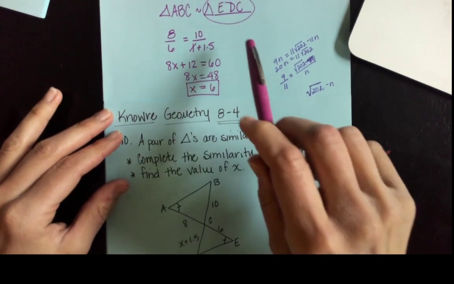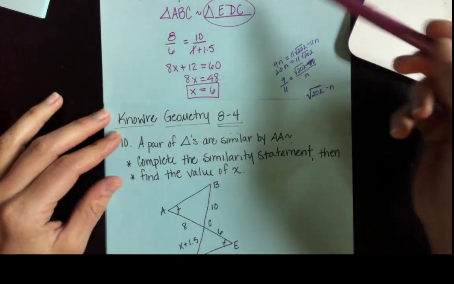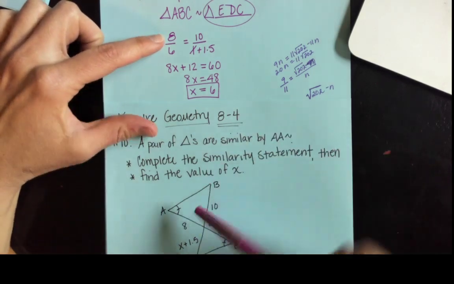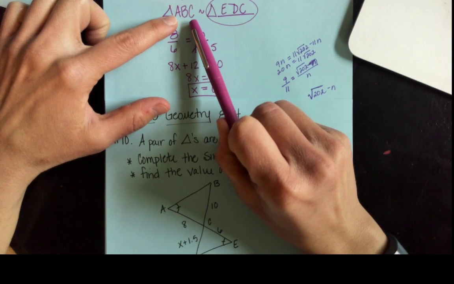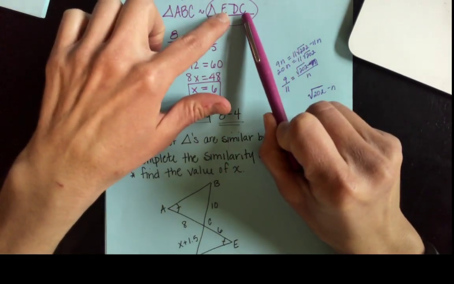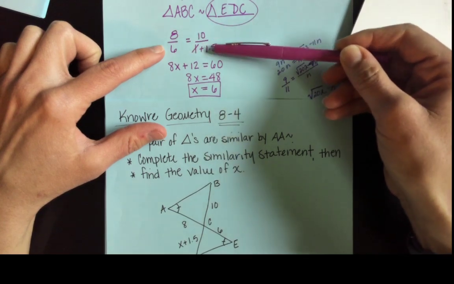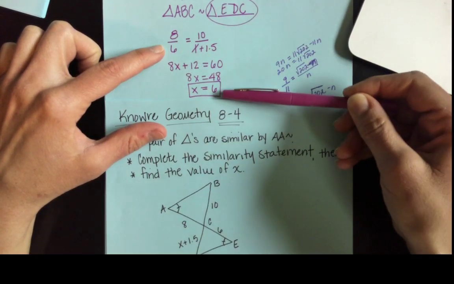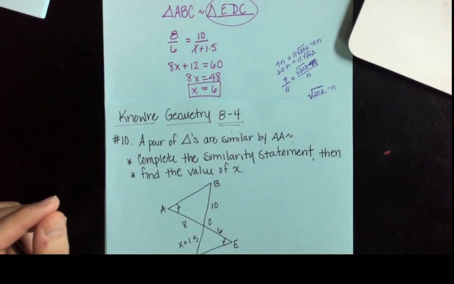But I have my similarity statement, and then I have my proportion matching up. AC was first and last, so when I match up its corresponding piece, EC is first and last. So I went 8 to 6, 10 to X plus 1.5. I cross multiplied and solved. So these two are the answers that would have gone in for number 10.